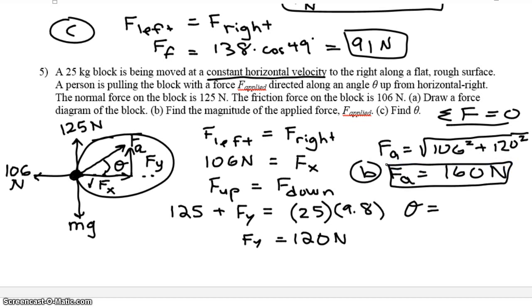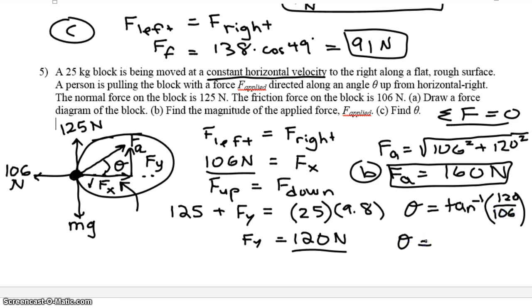Then for theta, I have to use inverse tangent. Look back at your angle. The opposite is Fy, which you found to be 120. And the adjacent is Fx, which is 106.